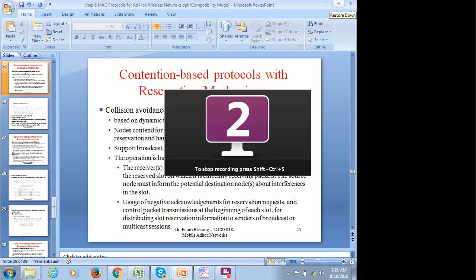And then you continue with your data transmission. So you find here there is a handshake. Am I right? Did you see a handshake here? Because you say RTS, CTS, and then it basically gives a distributed kind of reservation mechanism.